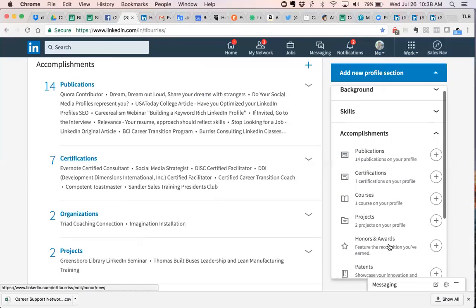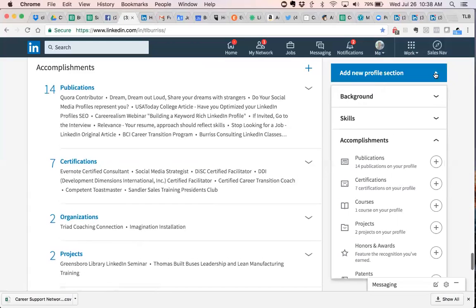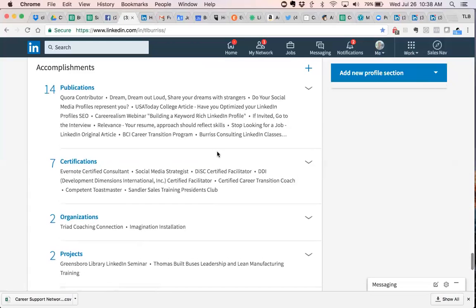Everything else is in here. What you want to add to your LinkedIn profile is any of these areas that show relevance, accomplishments, growth, professionalism, involvement, and where you can use words relevant to who you are and what you do today.